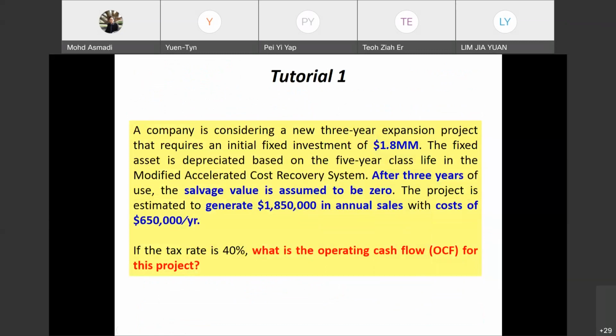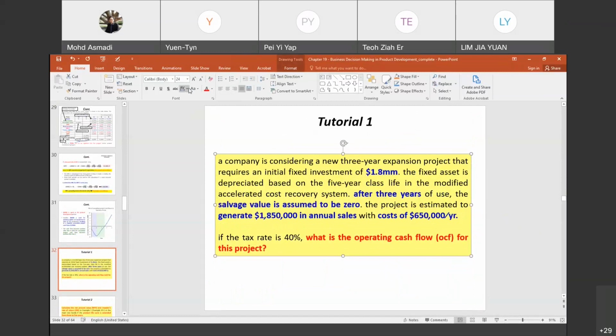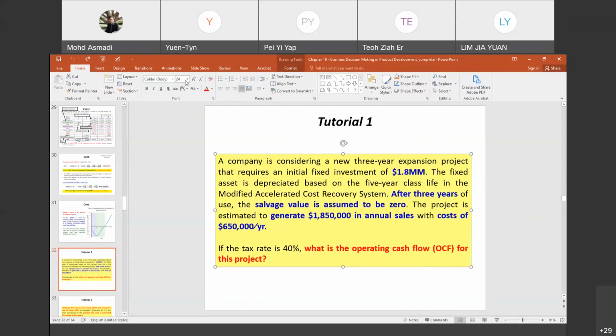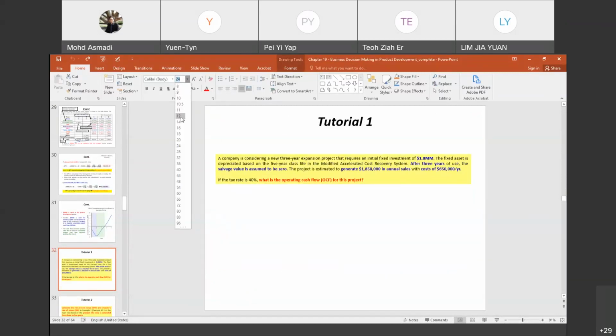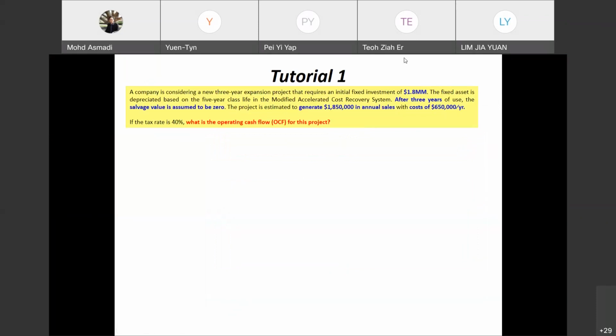So first, what you have to do is you have to construct the table of book value. So in terms of book value, look at here that... Do you have a pen or presenter pointer?